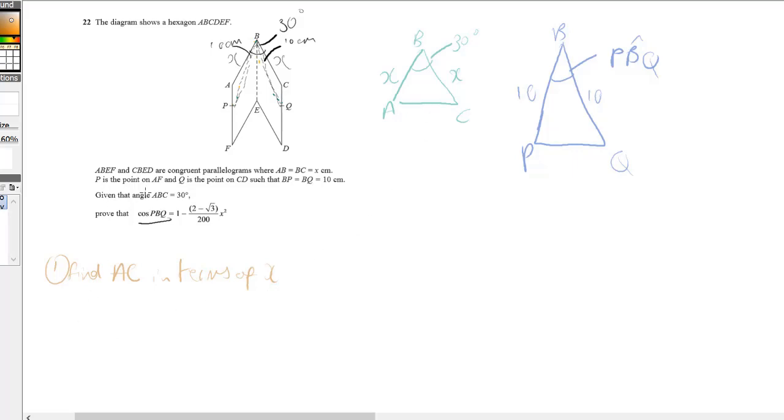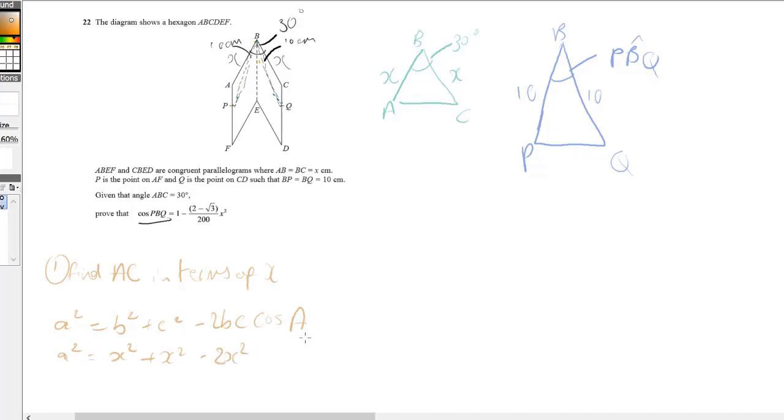Because we're talking about cosine here, I'm going to use the cosine rule for finding the lengths. So a squared equals b squared plus c squared minus 2bc cos A.